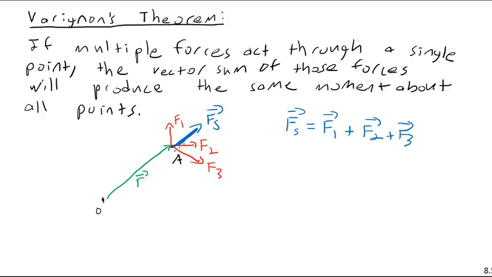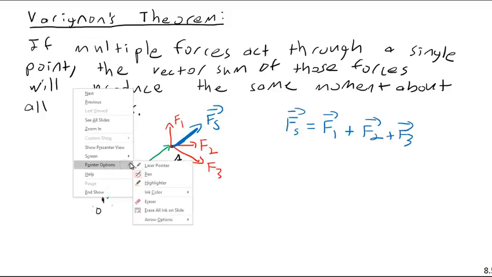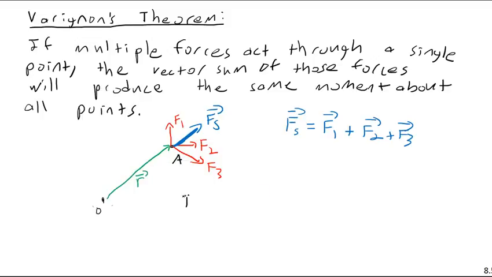This will cause the same moment about point O as all of the individual ones. So we could find the moments of each individual one and then add up the resulting moment, or we could add up the forces and then find the moment of the combined force. This works both ways.